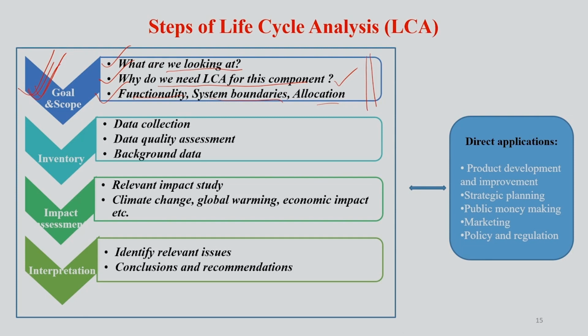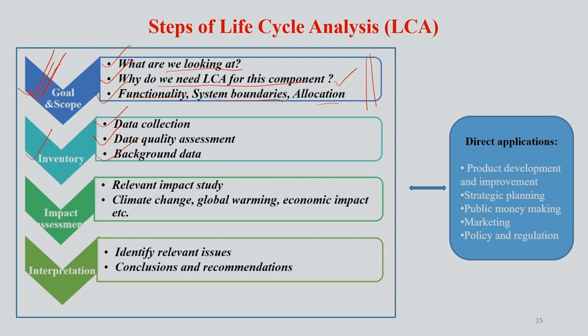Once goal and scope is clear, then we go for inventory. And in inventory, what do we do? Data collection, data quality assessment, background data. These data collections we already discussed in an earlier lecture, and you know how we can collect environmental data.